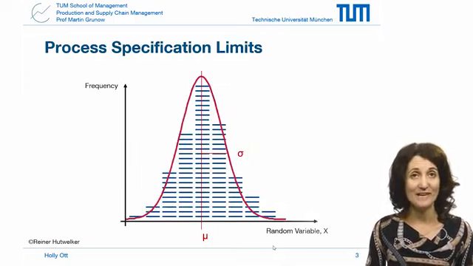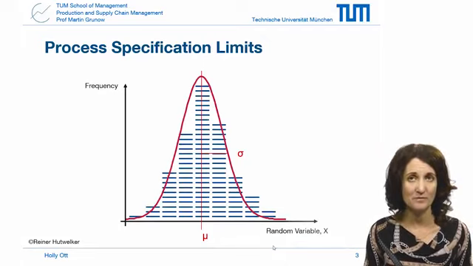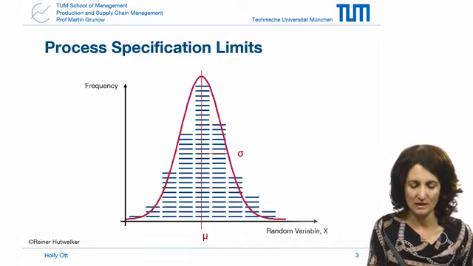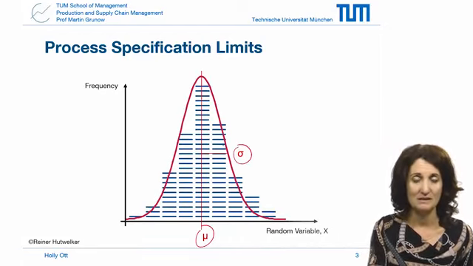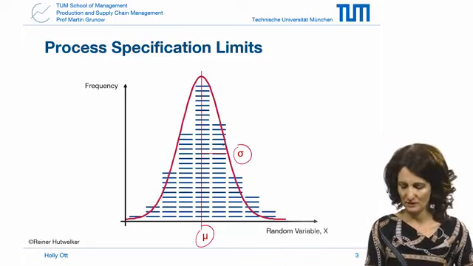So just recapping, of course, we're looking at normally distributed random variables. We can model our population of a normally distributed variable with a mean mu and a standard deviation to represent the variability of our population.